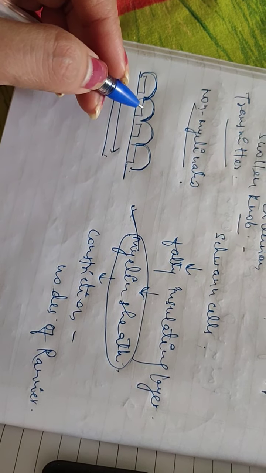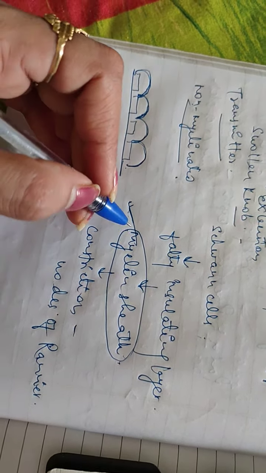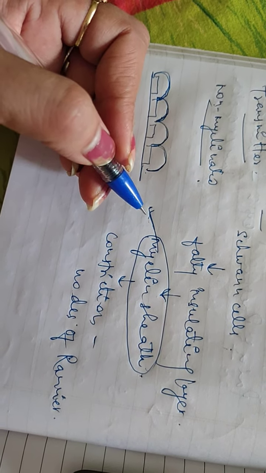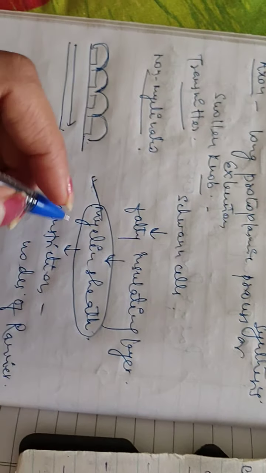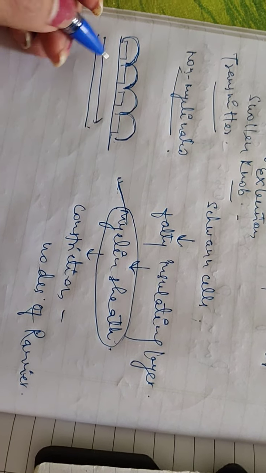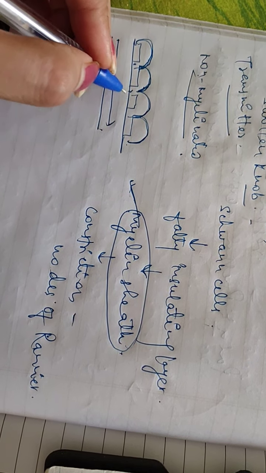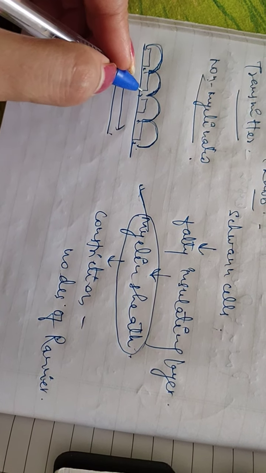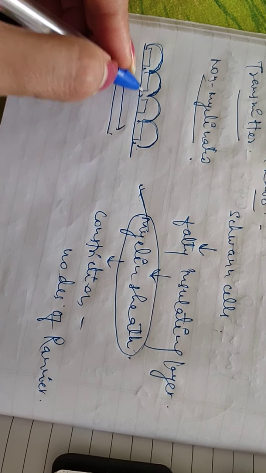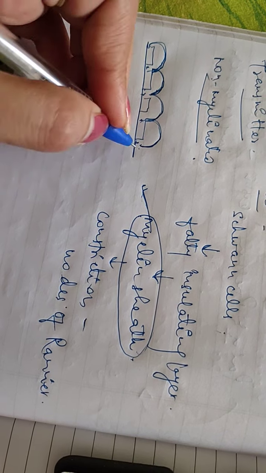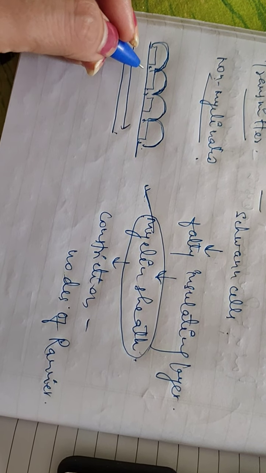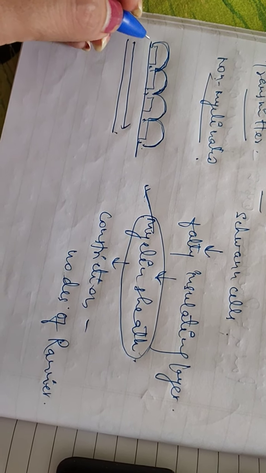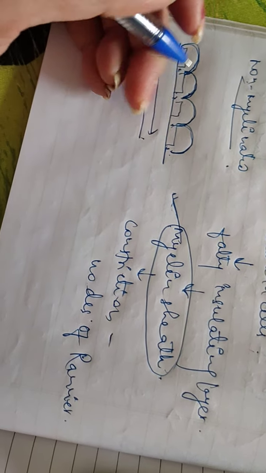So this is the significance of the myelin sheath, you can say. So the node of Ranvier is a periodic gap in this myelin sheath or insulating sheath, and it facilitates conduction of nerve impulses.